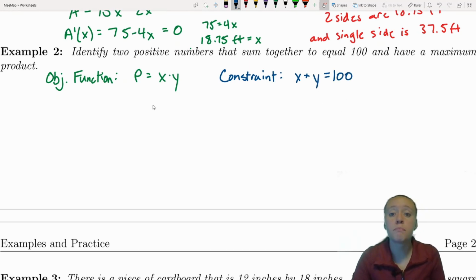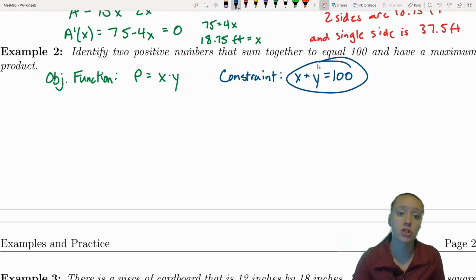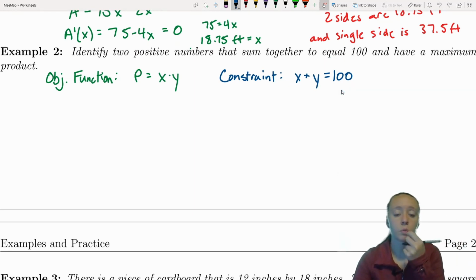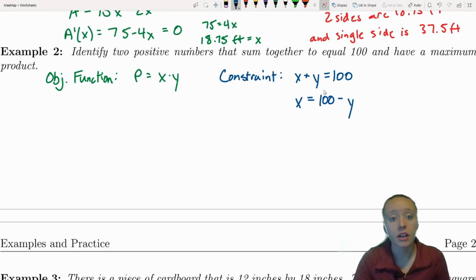And if I want to maximize my objective function, which is now in terms of two variables, I need to use my constraint to solve for one variable so that my objective function is only in terms of one variable. And since we solved for y up above, let's go ahead and solve for x in this case. So x is going to equal 100 minus y. So I'm going to plug 100 minus y right on in for x in my objective function.